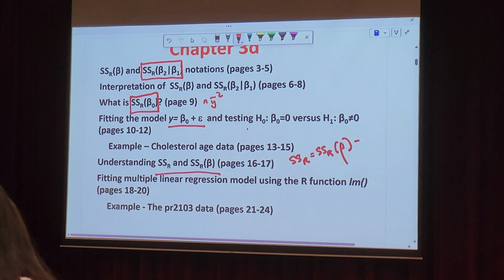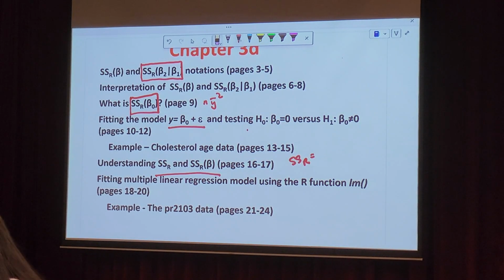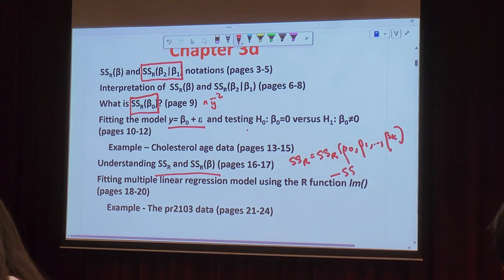So this is a vector. Let's just write up to this. This is SSR of beta naught, beta 1, all the way up to beta k, minus SSR of beta naught. Okay?